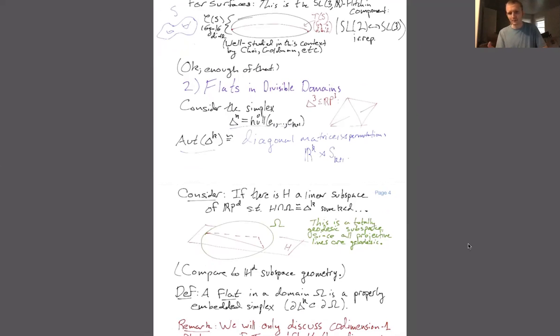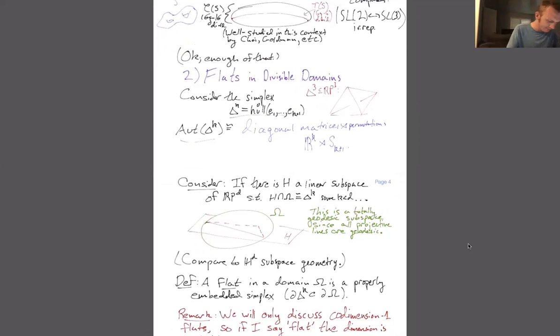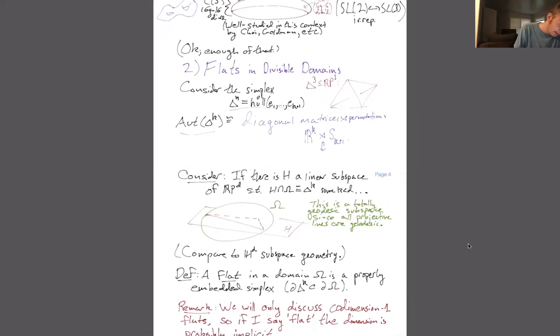And I'm belaboring this because you should look at that group and feel familiar about it, because it looks a lot like the translation subgroup of the Euclidean isometry group, semi-direct the point stabilizer, right? So this is the isometries of Euclidean space.